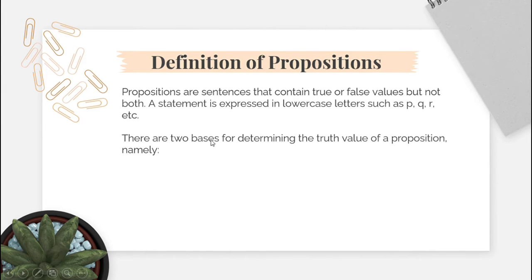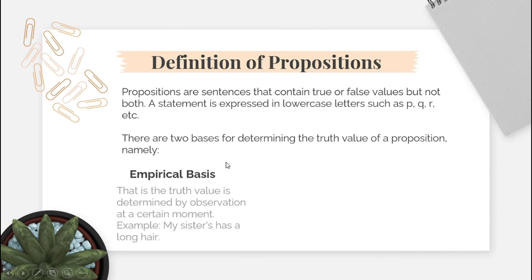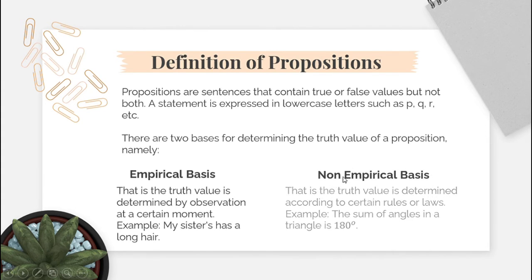There are two bases for determining the truth value of a proposition, namely empirical basis and non-empirical basis. The empirical basis is where the truth value is determined by observation at a certain moment.